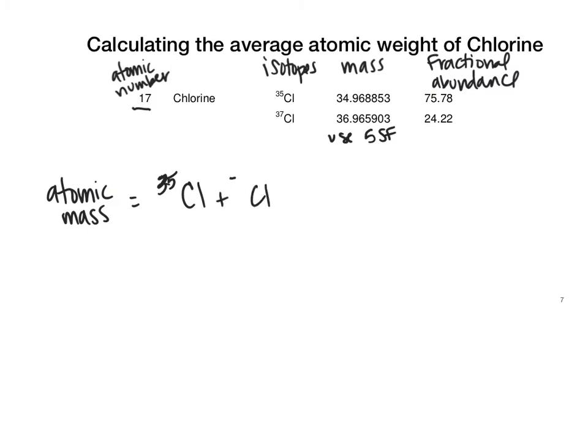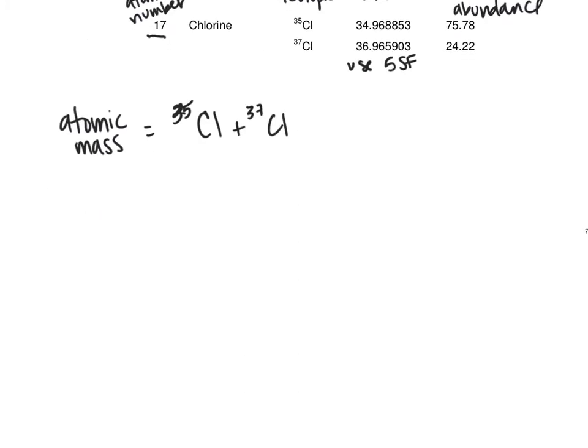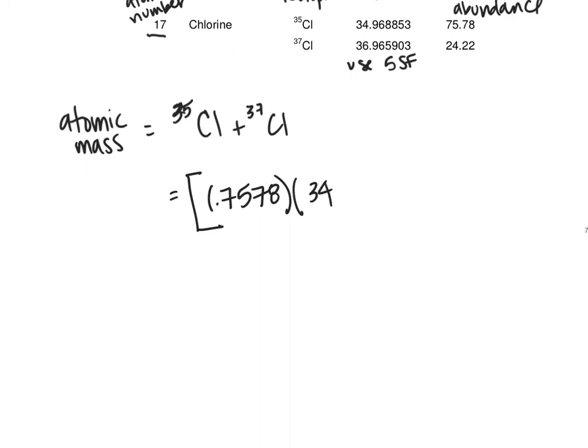plus chlorine-37. So for chlorine-35, it's going to be equal to the fractional abundance, which is 0.7578, multiplied by 34.969.